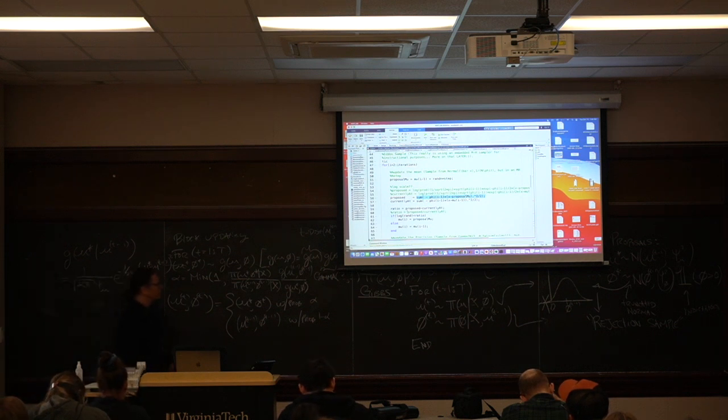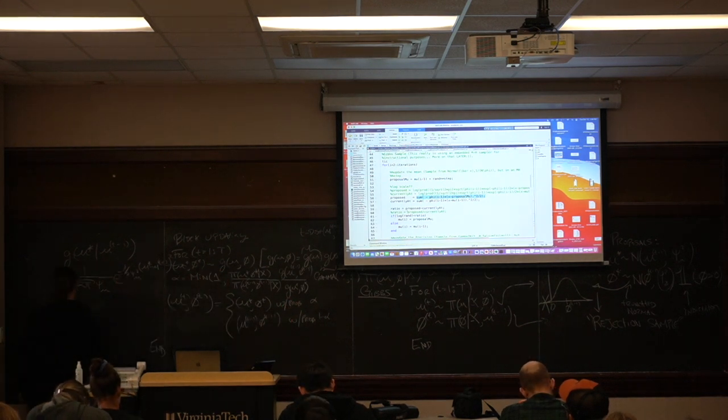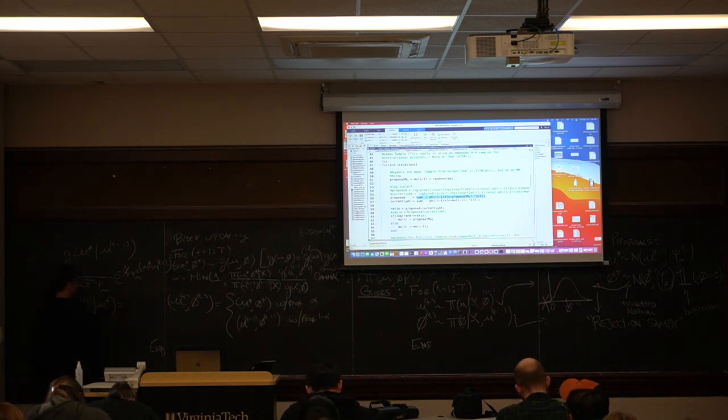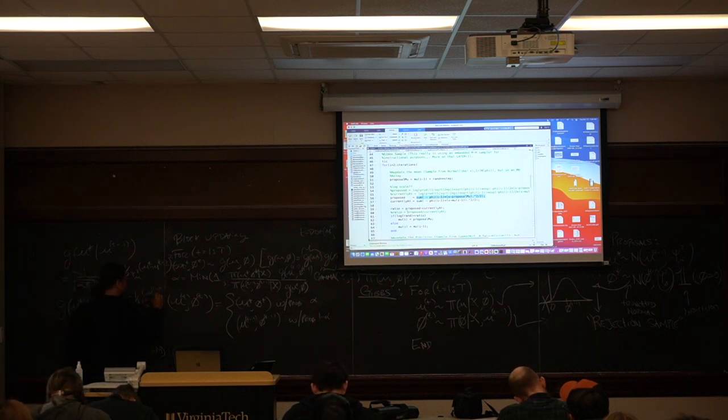Let's look at the reverse proposal when we go in the other direction. If I'm going to go back to my old location, given mu star, let's just look at the kernel, e to the minus 1/2. This has the same variance. If I'm going to move back the other direction, I would have to propose in the backwards direction, and this is mu t minus 1 minus mu star squared.